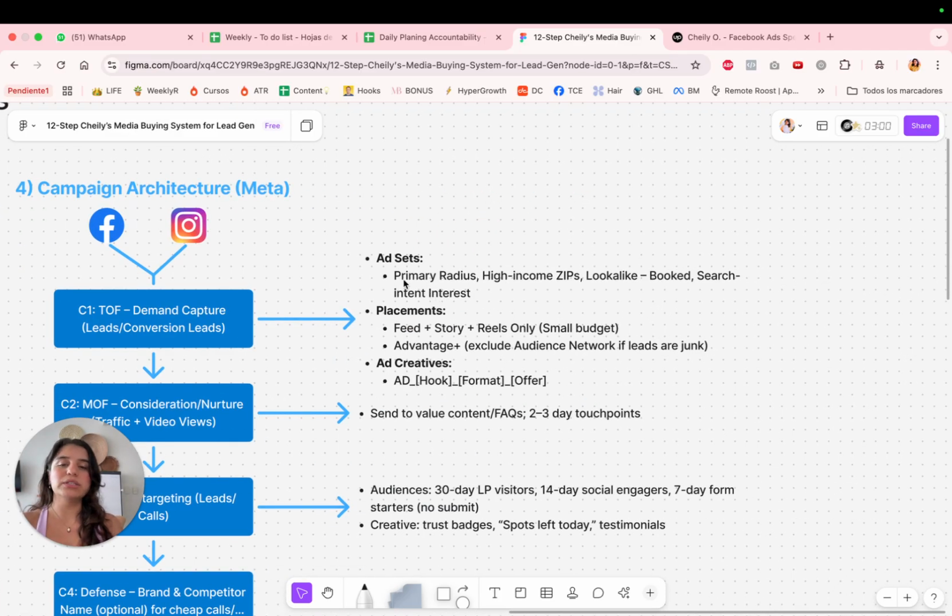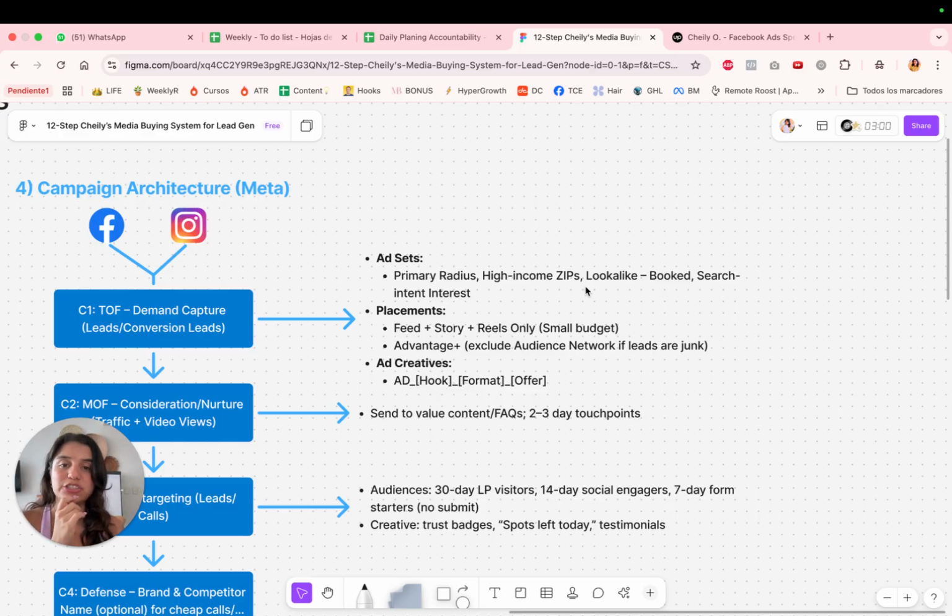And here, once we create the ad set, it's going to be based on the radius, high income zip codes, and lookalikes based on actual clients and book cost. Because that's one mistake that people make: they create lookalikes based on leads, not necessarily clients. But if you do have a big client list, that's the list I would recommend creating the lookalikes from.